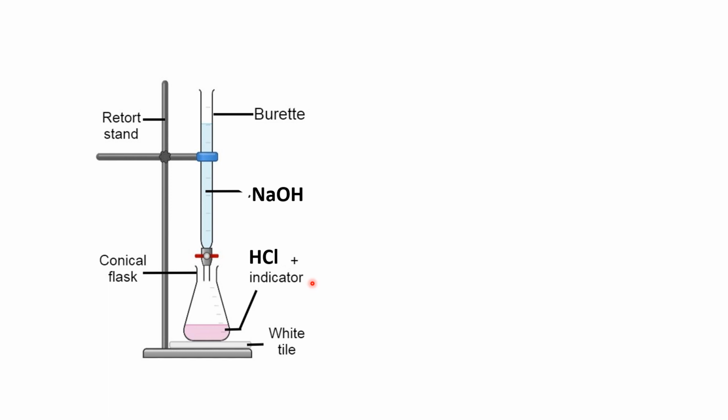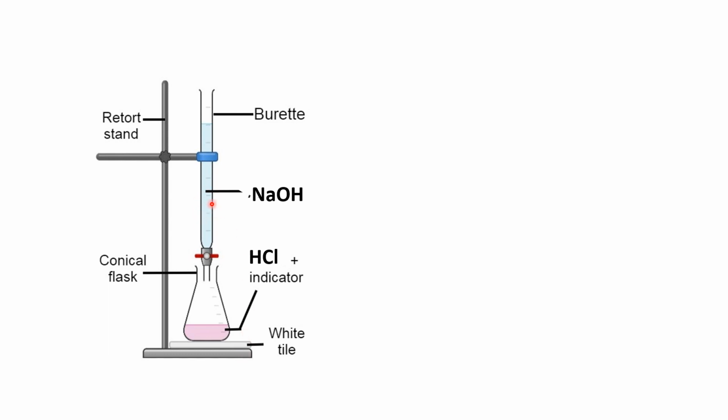Phenolphthalein is colorless. In basic medium, phenolphthalein is pink in color. This you have to remember. So initially phenolphthalein is colorless, acid is there. Suppose I have taken 10 ml of 0.1 normal HCl, and here also I have 0.1 normal NaOH.